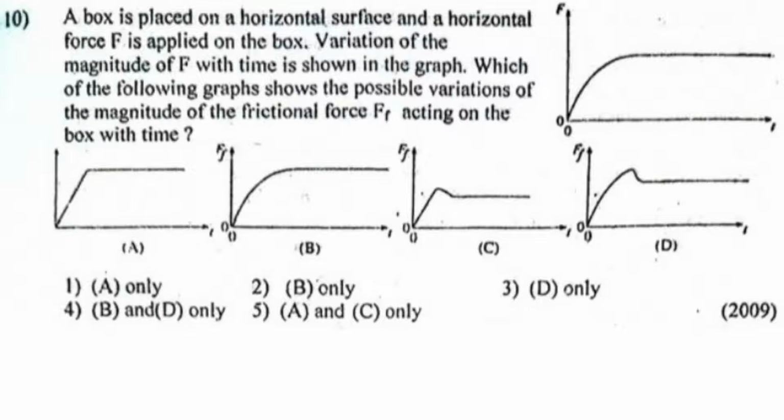In question number 10, the box is placed on a horizontal surface and a horizontal force F is applied on the box. Variation of magnitude of F with time is shown in the graph. Which of the following graphs shows the possible variation of magnitude of frictional force acting on the box with time?